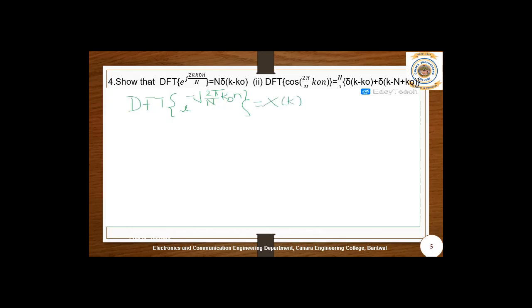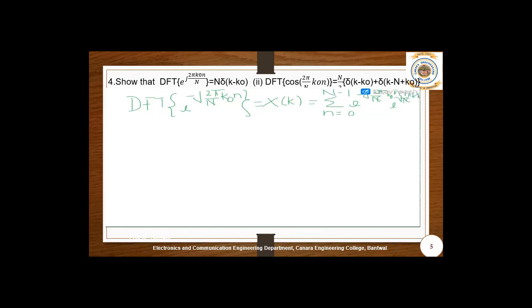So X of k is equal to summation n varying from 0 to N minus 1 of e to the power minus j 2 pi by N k naught n times e to the power minus j 2 pi by N k n.